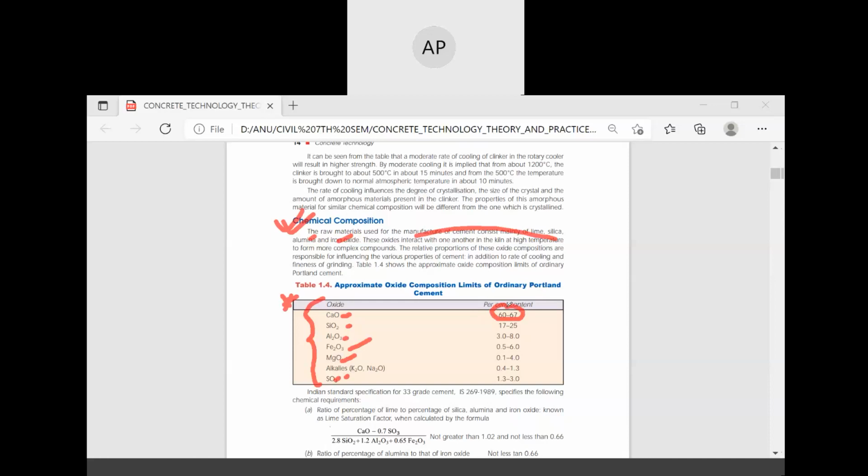Okay, lime chemical formula is CaO, calcium oxide. And a little amount of alkalis are present, about 0.4 to 1.3%. So Indian Standard specification for 33 grade cement, IS 269:1989, specifies the following. Okay. So these are the approximate chemical composition of cement.